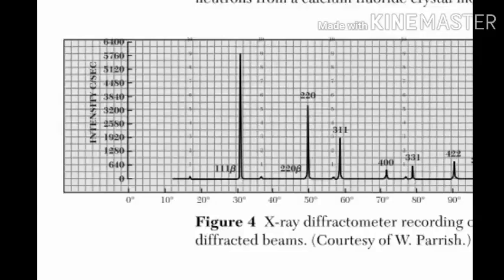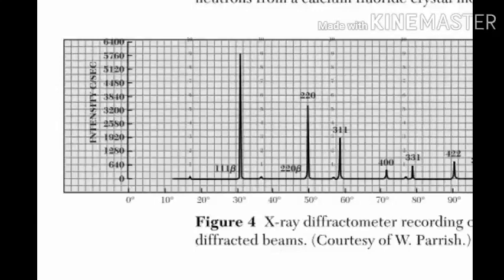So this is an output of an X-ray diffraction pattern, and as you can see, it's an intensity versus scattering angle plot. But it doesn't give any information about the type of atoms that are present in the crystal. What we have is some peaks.